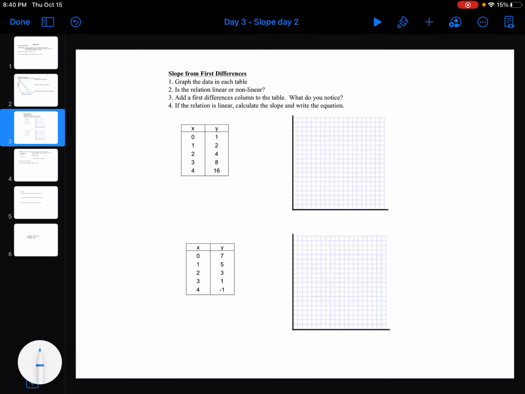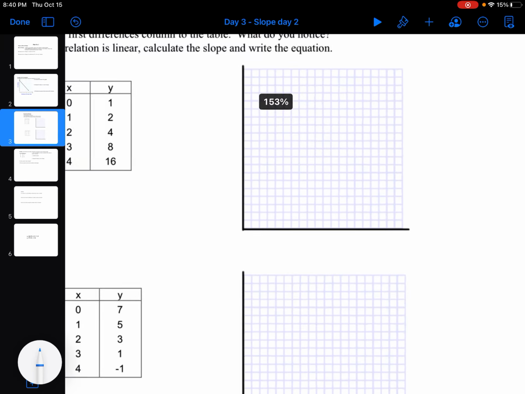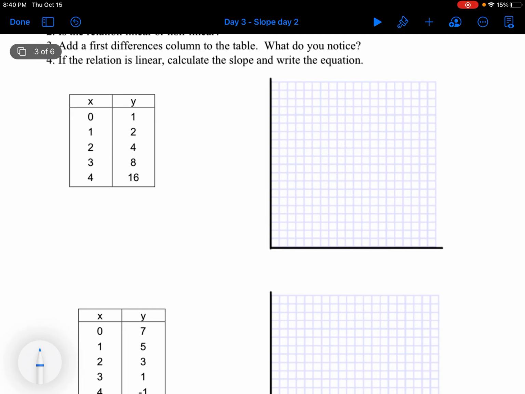Okay, so slope from first differences. If we graph these two graphs, we've got 0, 0. I'm going to just assume for argument's sake, let's go our x's every other box is 1.